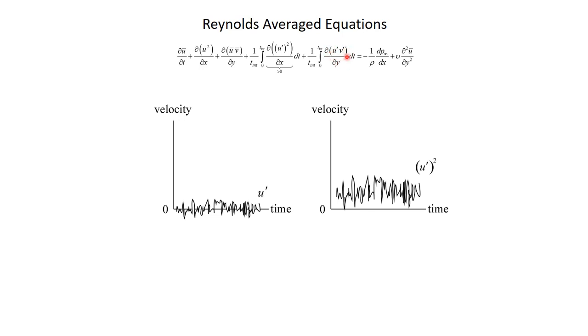But that's not actually the case. So u prime and v prime actually are what are called correlated quantities, in the sense that a positive u prime is going to induce, on average, a negative v prime, right? So these two things are related to one another. One causes the other, right?